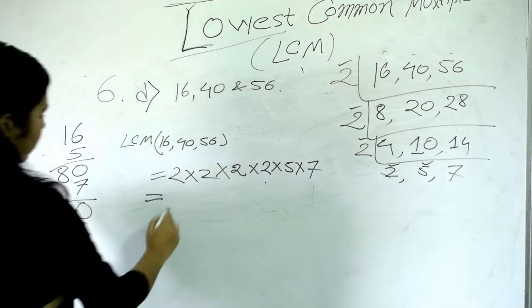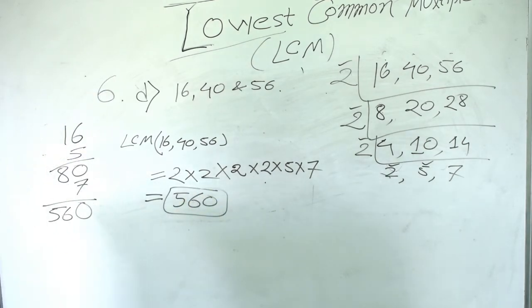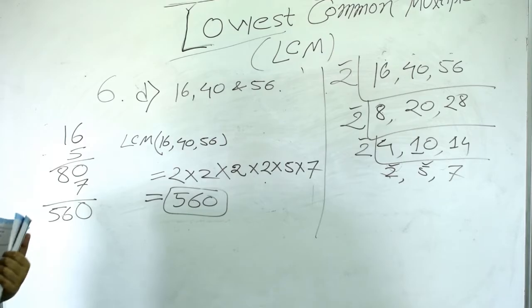So 560. 560 is the least common multiple of 16, 40 and 56, and the process is the division method.